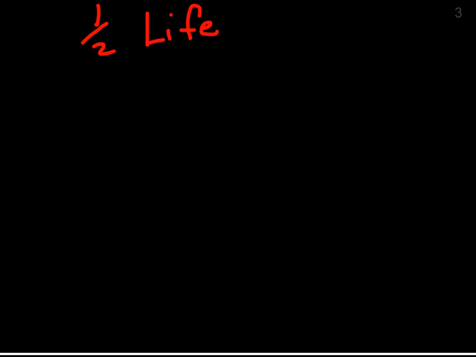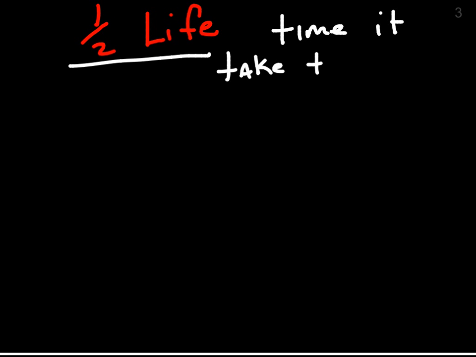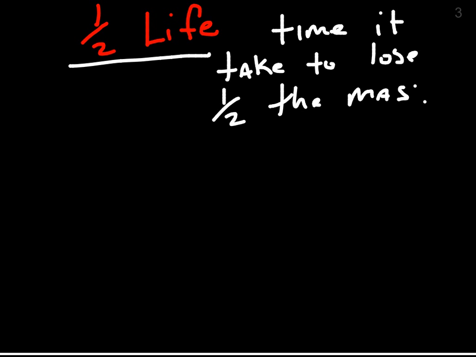Something with a long half-life won't be giving them off quite as quickly. By definition, half-life is the amount of time it takes to lose half the mass. Okay? So that's basically what's going on.